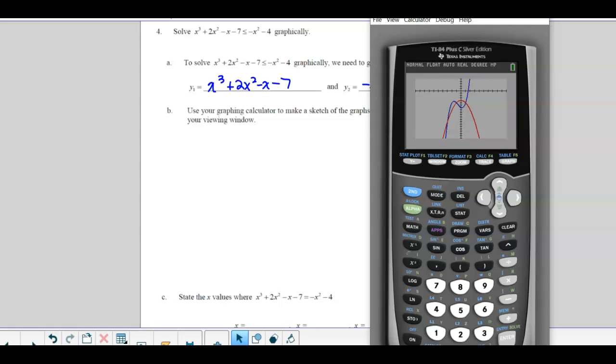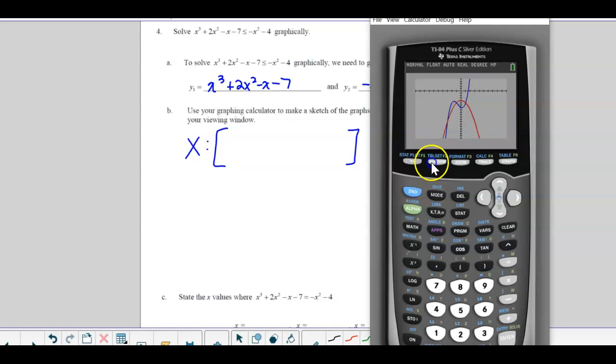So if you were asked to do this on a test, we're not going to give you grid paper. You're not going to be asked to graph it exactly. All we want is for you to state Y1 and Y2, which we've already done. Then state your windows. So when we state windows, we might even give you that.